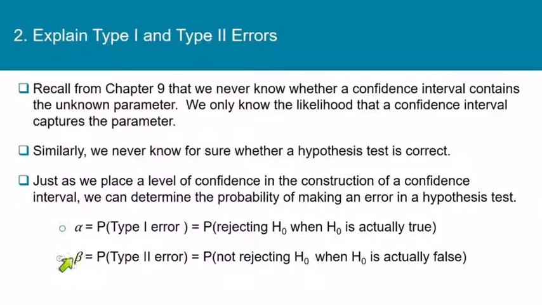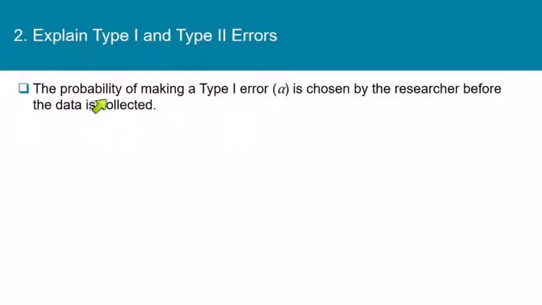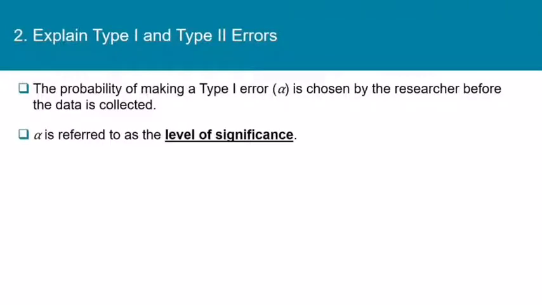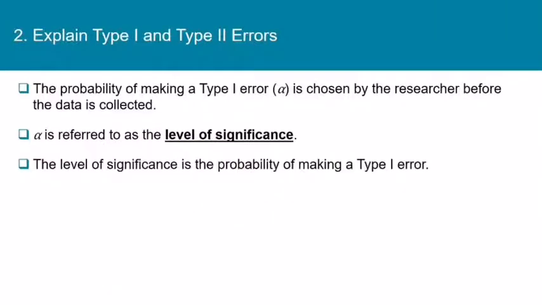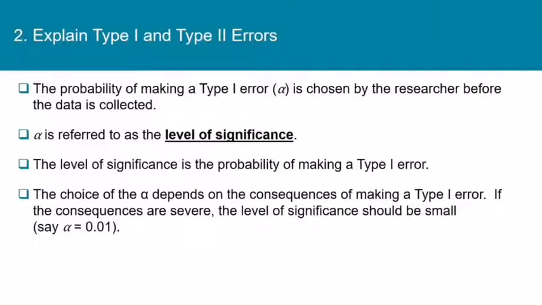Now, we can't directly control beta, but we can control alpha. So the probability of making a type 1 error, that is alpha, is chosen by the researcher before the data is collected. Alpha is referred to as the level of significance. The level of significance is the probability, again, of making a type 1 error.